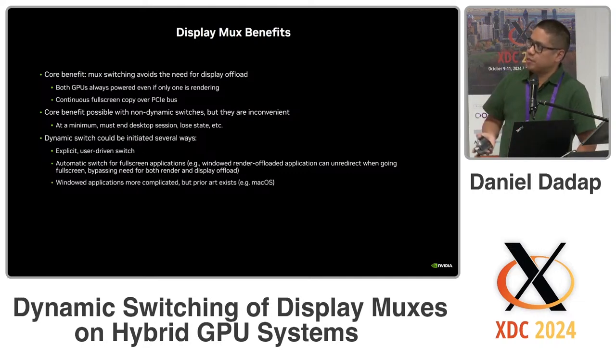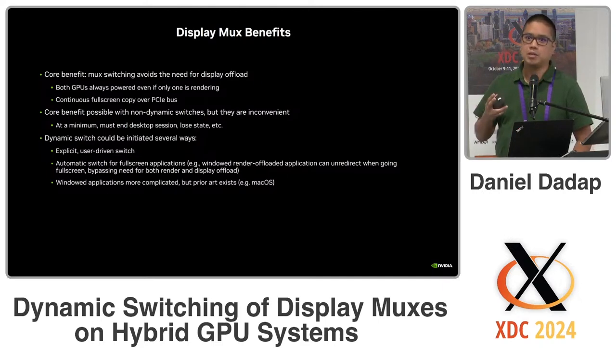You could go fancier and even do switches while you're compositing applications that are being rendered on multiple GPUs. That's definitely possible. If you look at macOS and some of the MacBooks Pro that have dynamic display muxes already, it's something that's being done.